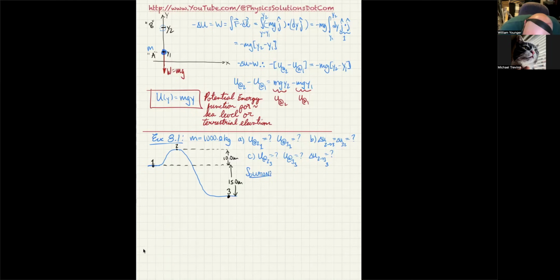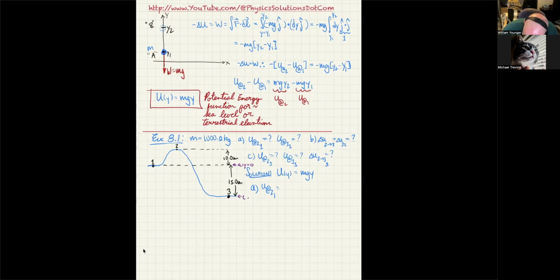What we know is potential energy U of y is equal to m times g times y. So for part A, we're going to say U at 2 relative to 1 is, notice at point 2, we're 10 meters higher than point 1. So I'm going to say for A, this is y equals 0.